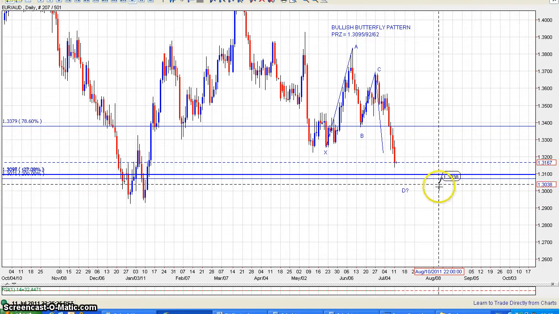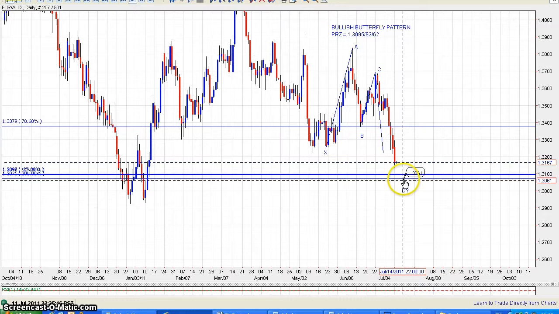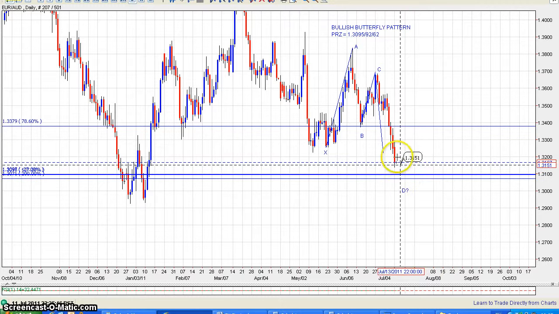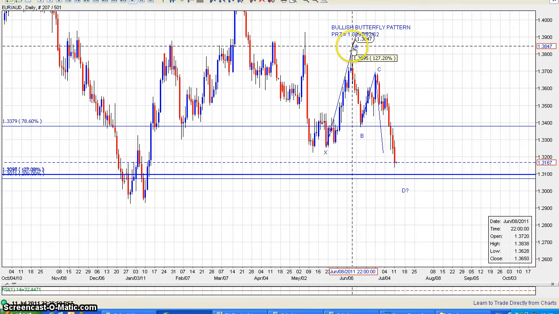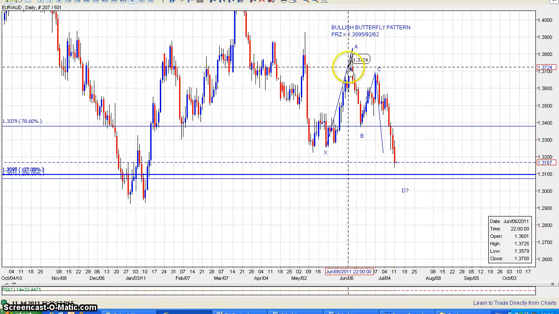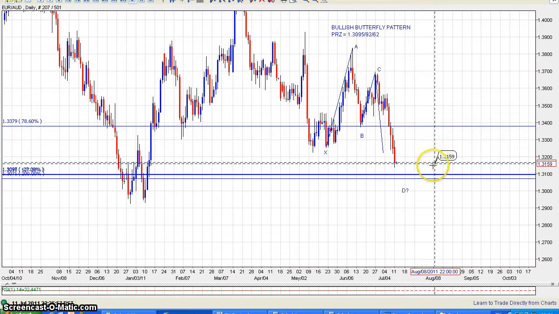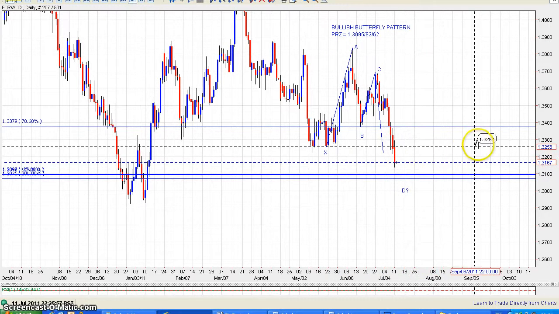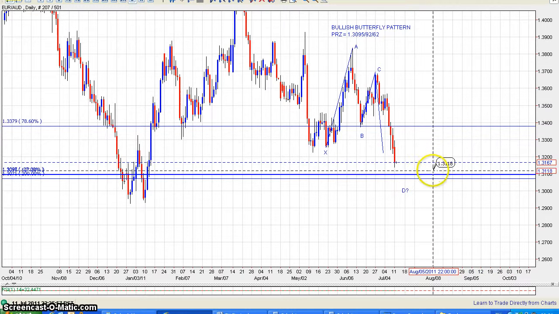In terms of profit targets, once point D has been confirmed, I want to trail my stop using a Fibonacci retracement of the price swing from point A to D. So basically draw a fib from point A to point D and use 38.2, 50, 61.8, and 78.6 to trail my stop.